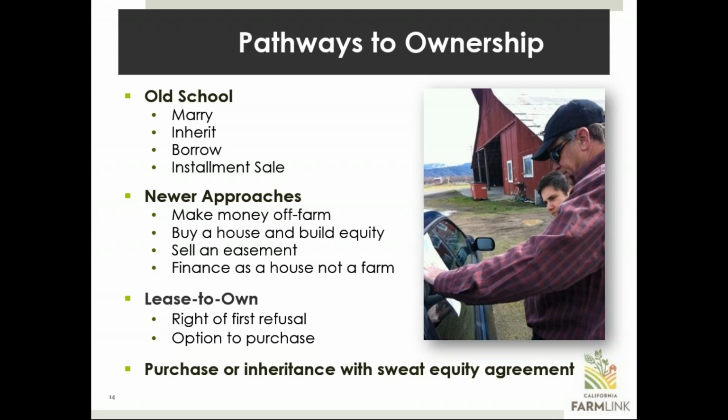So many are having off-farm income, or they're starting by financing a house and building equity that way. There's also opportunities to sell conservation easements. And then we're going to talk a little bit about this lease-to-own, which is a common way of referring to it, but I prefer to call it a pathway to ownership. And there are even more creative ideas of using sweat equity to build up equity in a property over time.